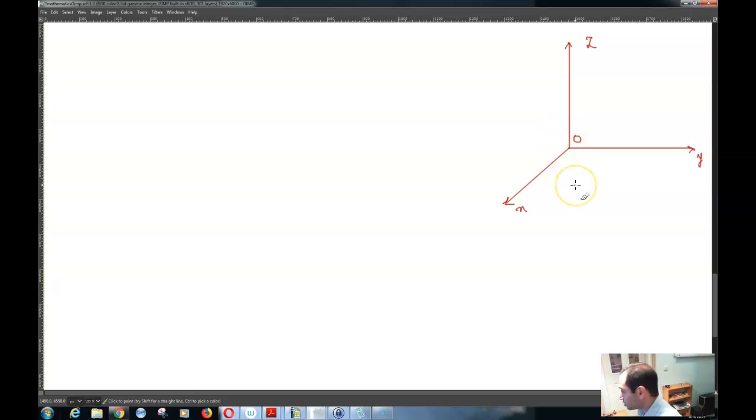Then related to any point in space, there are basically 3 coordinates: the x coordinate, the y coordinate, and the z coordinate, and these 3 numbers taken together describe the position of any point in space.